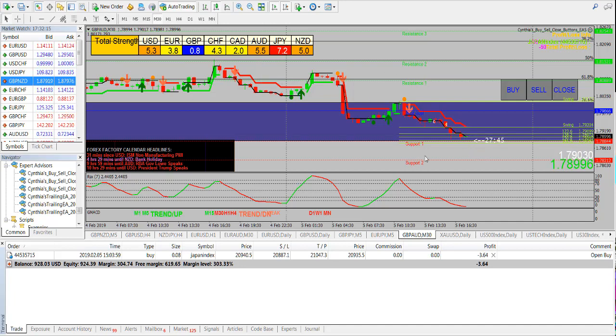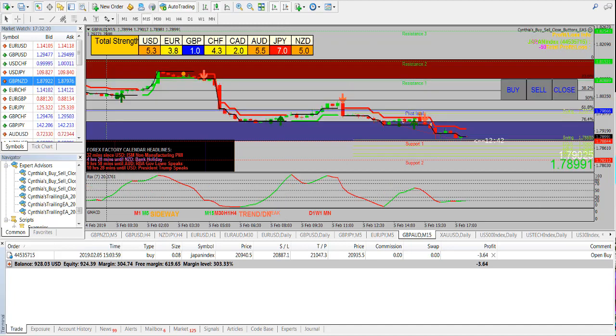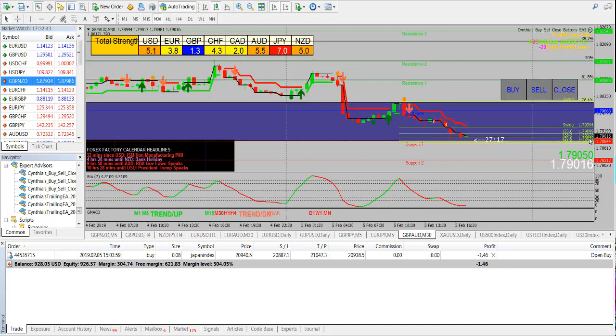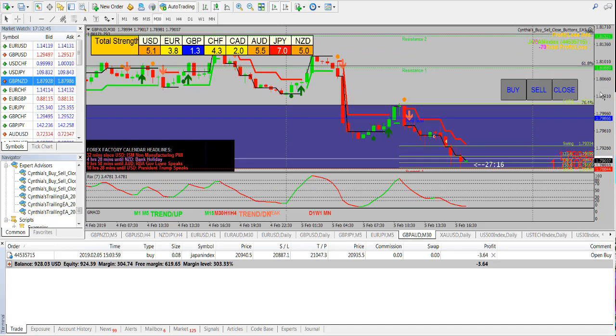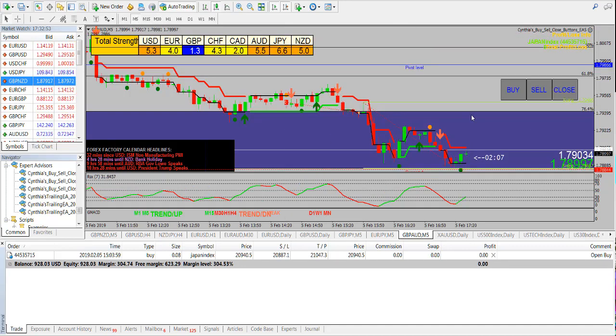So this would be a pair I would keep watch on. You can watch this in a 15-minute chart, a 30-minute chart. When you see the pullback really start to happen in a 15-minute or a 30-minute chart, you would drop down to the 5-minute chart in order to get a really great entry to sell again.